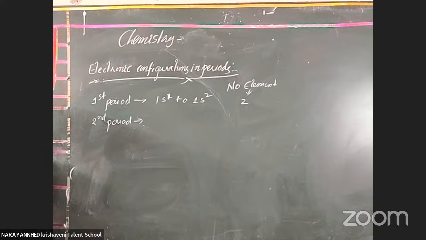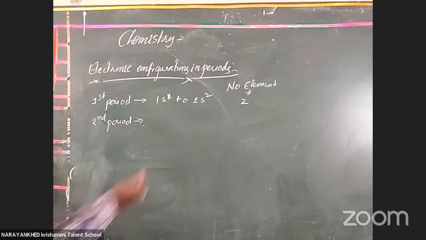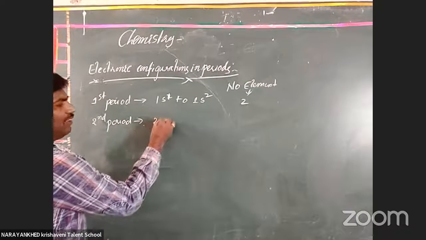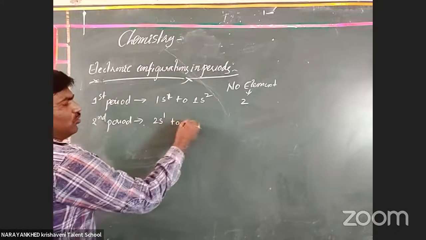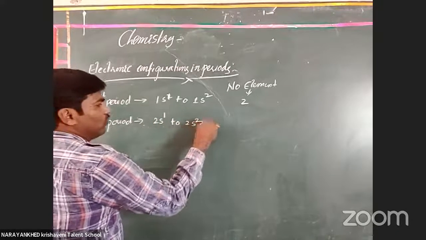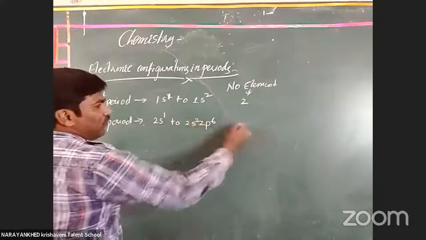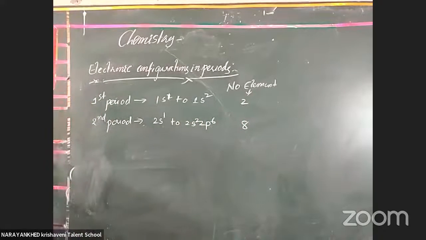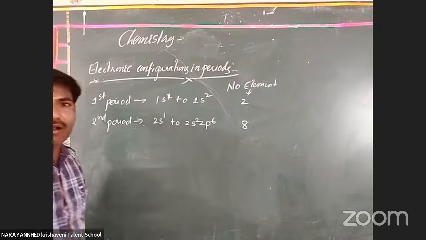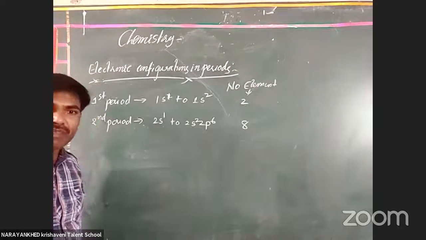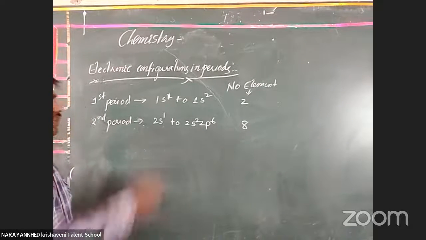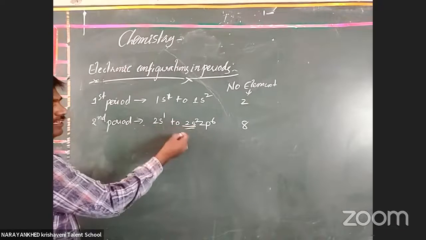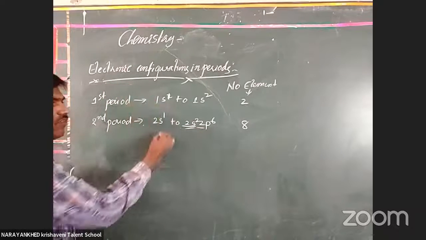It ends with 2s2 2p6, which means 8 elements are there. Check the electronic configuration: the second orbit is contained inside it, as well as the first orbit.